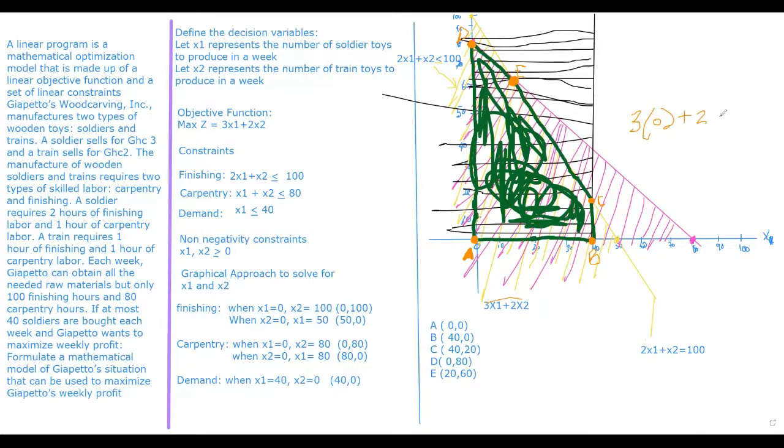The x2 is 0. So here everything will be 0, and you get 0 for this part. B: 3x1, x1 is 40, plus 2x2, x2 is 0. So this will be 120 plus 0, which is 120. So the B point will be 120.